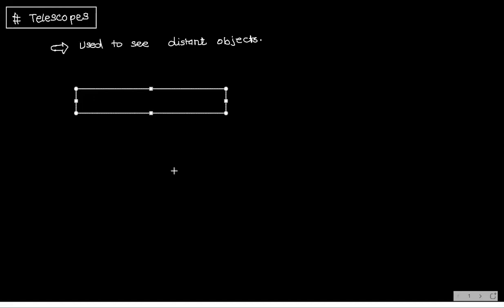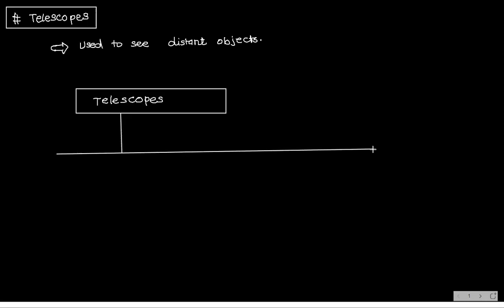You see, three types. Okay, so first one is astronomical telescope.